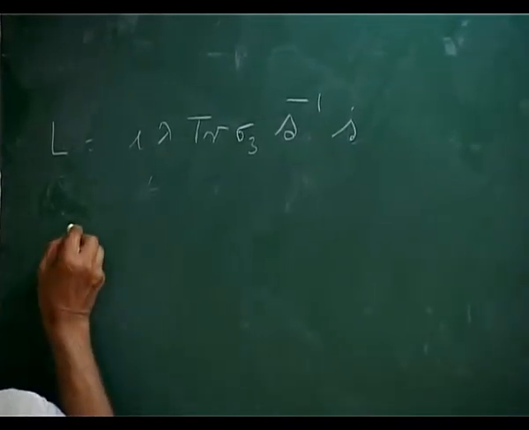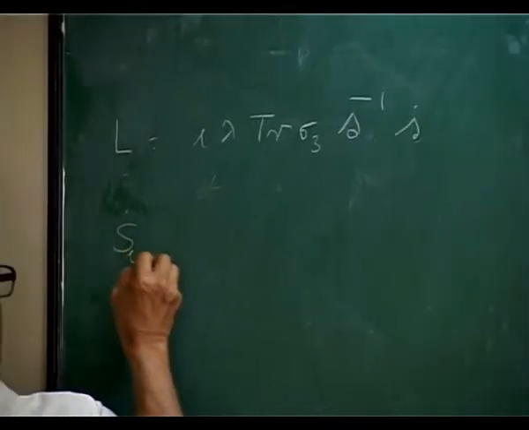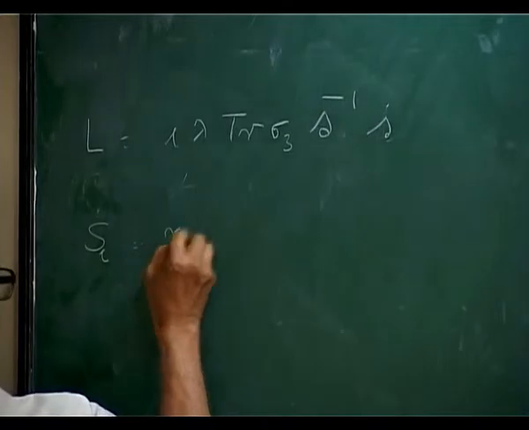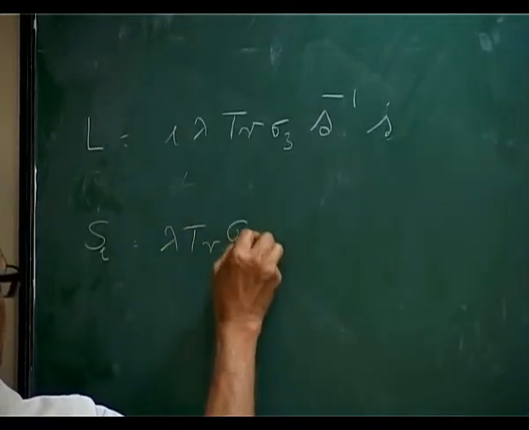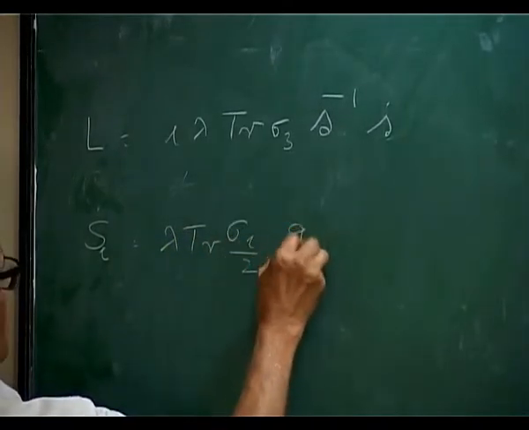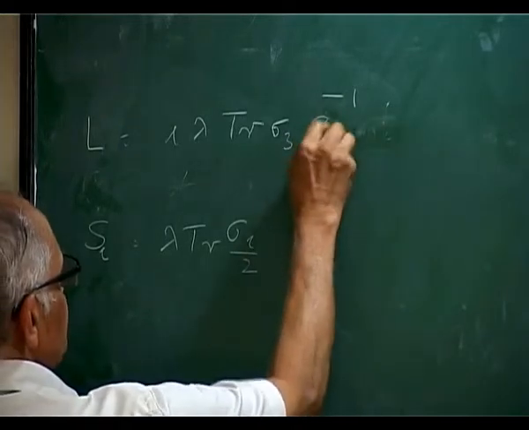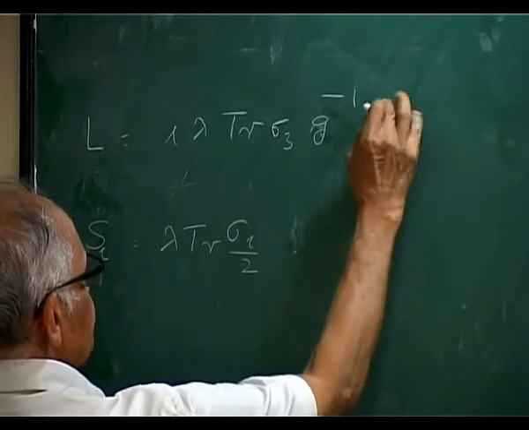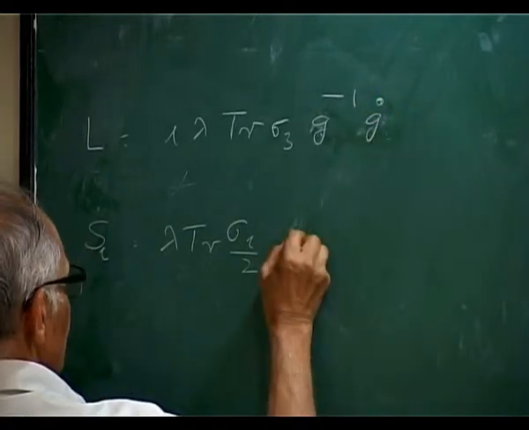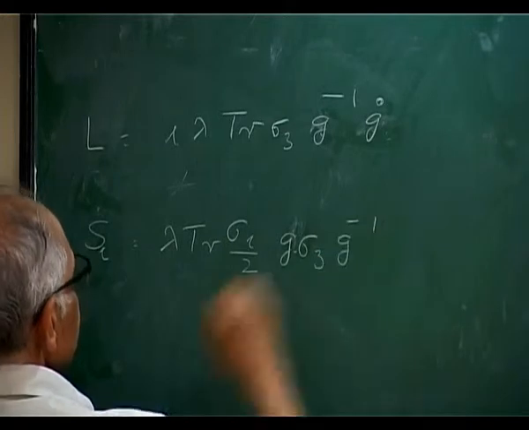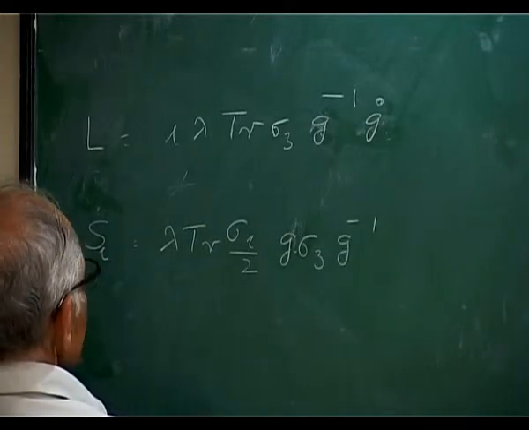Then I define the spin of the system as lambda trace sigma_i over 2 G, or well, let me write G inverse G dot. I think I used it last time. G sigma_3 G inverse.